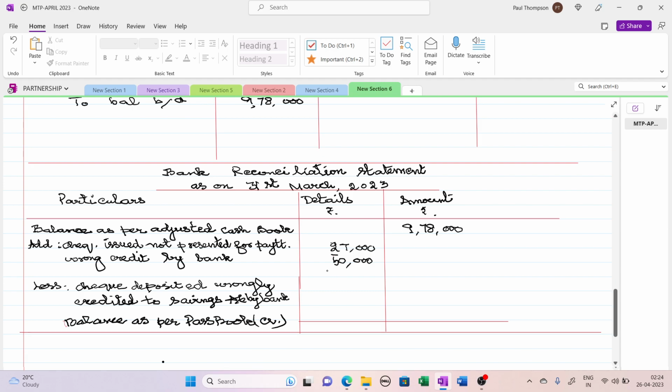And check deposited. I have deposited a check of 4,000 into my current account, but that was taken into my savings account. This mistake also done by bank, that they have to correct it. So this 97,000 we have to add here. Sorry, this is total 77,000. If you add 77,000, you will be getting 10,55,000.